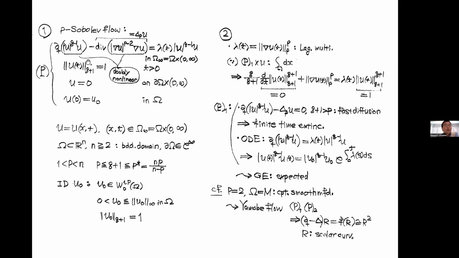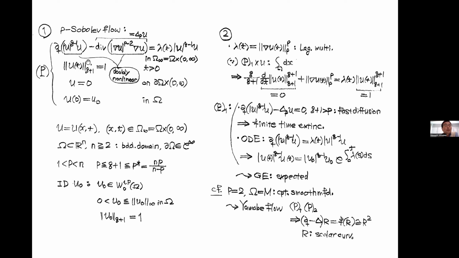Okay, so we consider this first equation with a constraint, and that is the q plus 1 power integral in space of u is equal to 1 for all time t. This is just a constraint for this first equation.